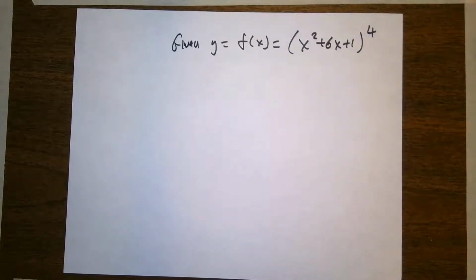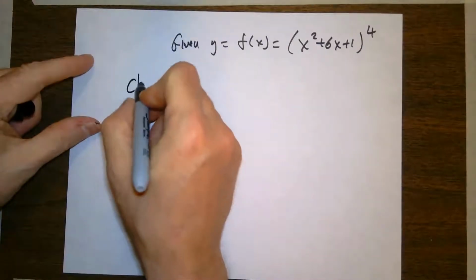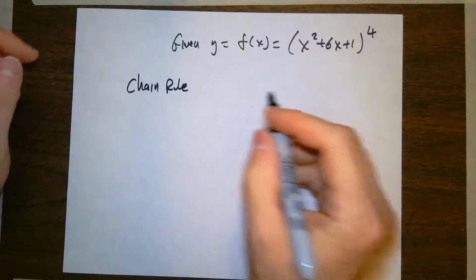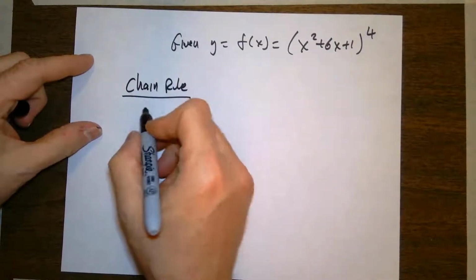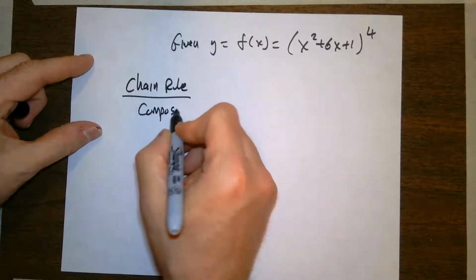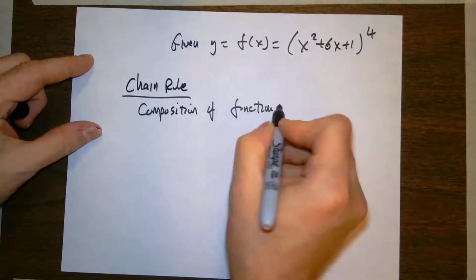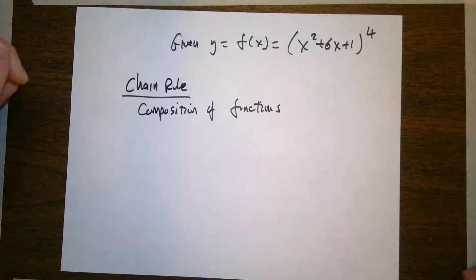And there is. Whenever you get some crazy formula, there is always some sort of strategy, some sort of way of doing it. Now, in particular, the chain rule works for formulas that are a composition of functions. What do I mean by a composition of functions?